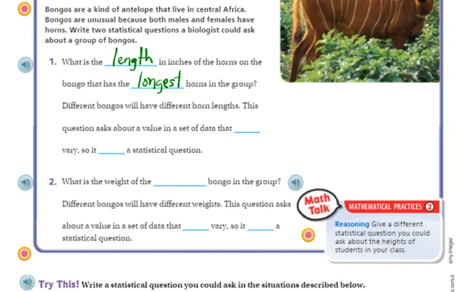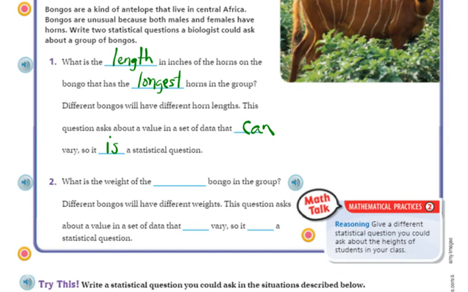Okay, so this would be a statistical question because we are looking for the length of the longest horns within the group, which means we would have to measure all the horns within the group, so we're collecting data. Different bongos will have different horn lengths. This question asks about a value in a set of data that can vary. So it is a statistical question. We wanted the longest horn in the group. That means we would have to measure all the horns, so that would be the data that can vary.